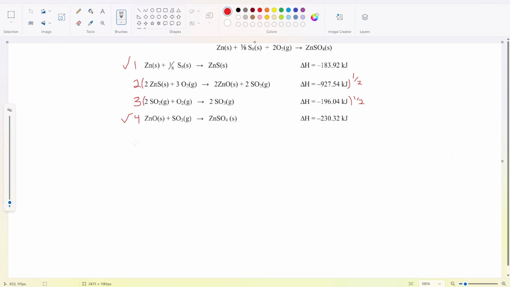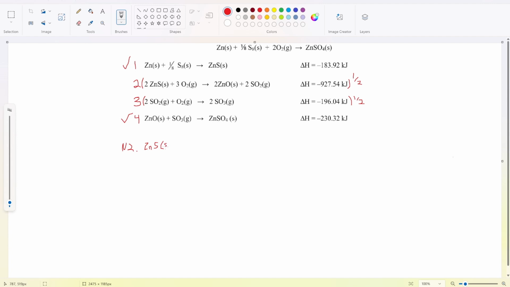to then get the new equation 2, which is, let me put a period so we can split that, which is just zinc sulfide.